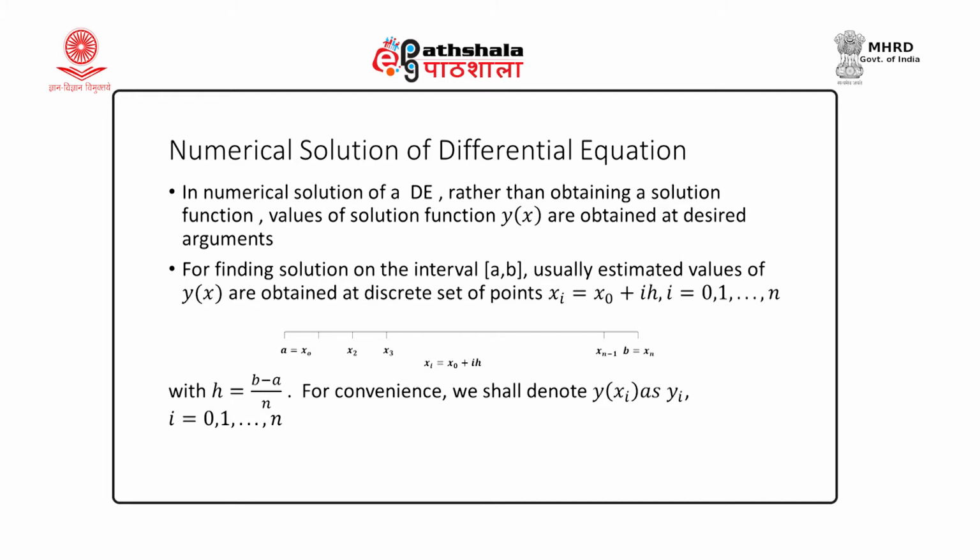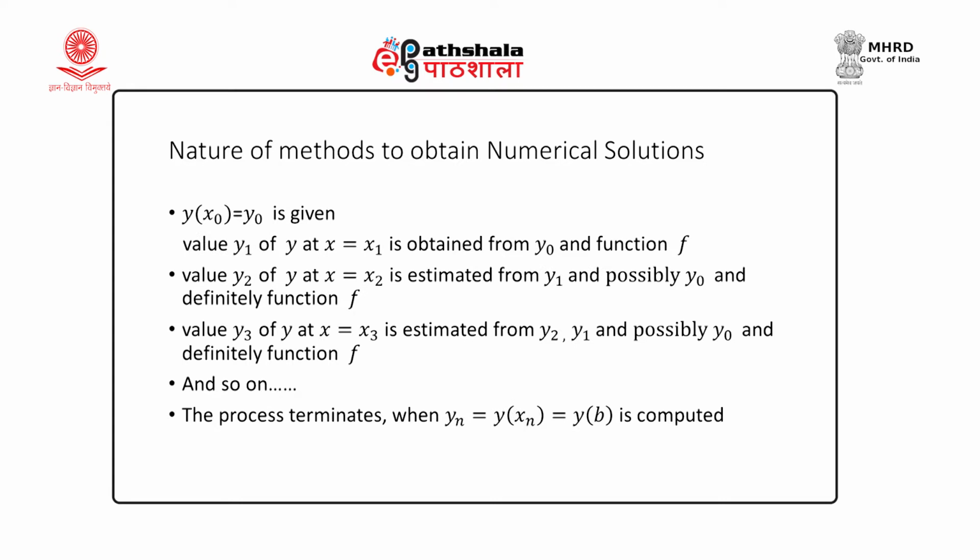The value of y at x 1 would be obtained from the value of y at x 0 and the function f x y information. Then the value of y at the point x 2, which we denote as y 2, would be obtained from y 0 and the function definition, and in the same way the value of y 3 at the point x equal to x 3 will be estimated from y 2 and possibly y 1 and y 0, and this is how we go on.